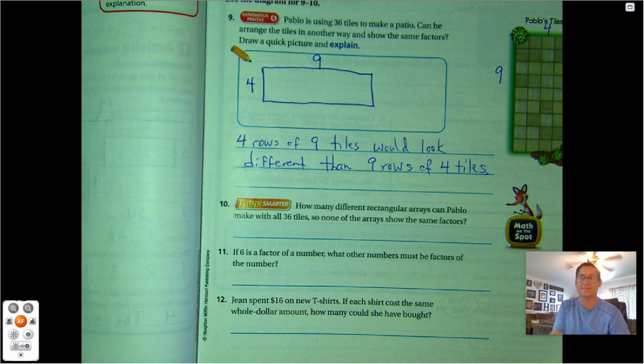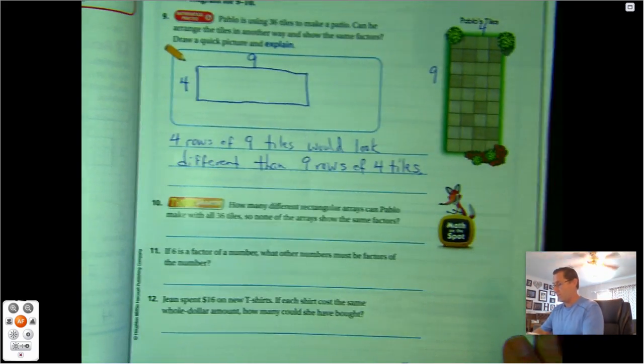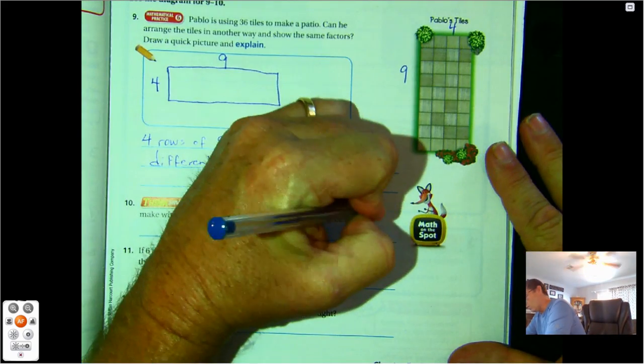So if we go back to our facts here, we know 1 times 36, right? Okay.